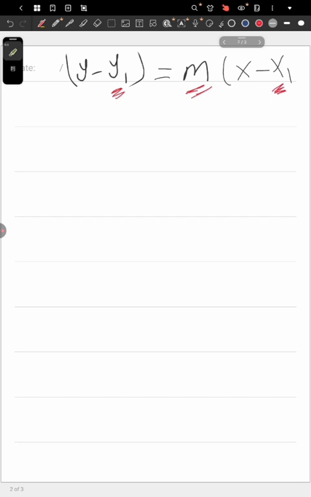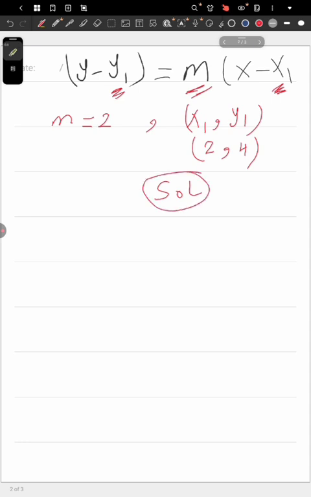How can we find it? For example, m equals 2, and x1 and y1 are given as 2 and 4. The equation y minus y1 equals m times x minus x1 keeps its form; it doesn't change.